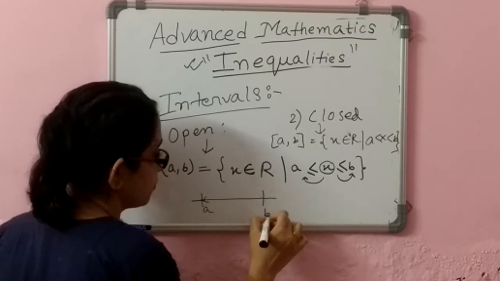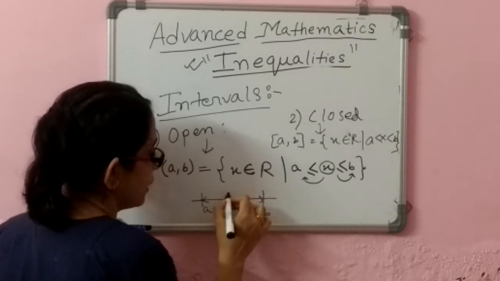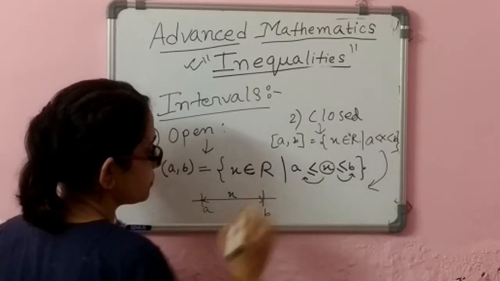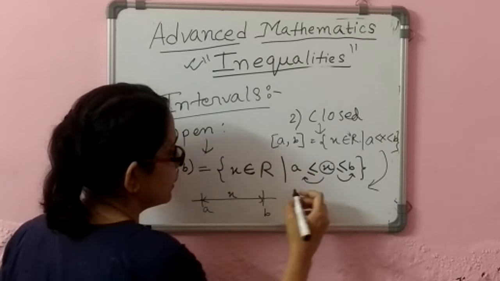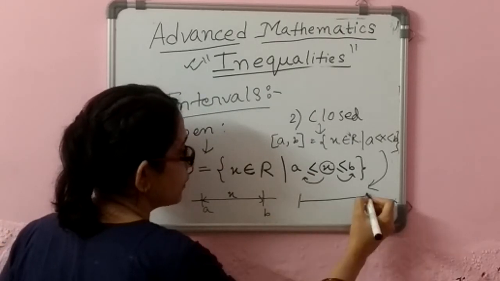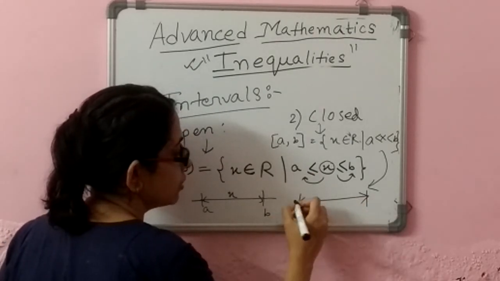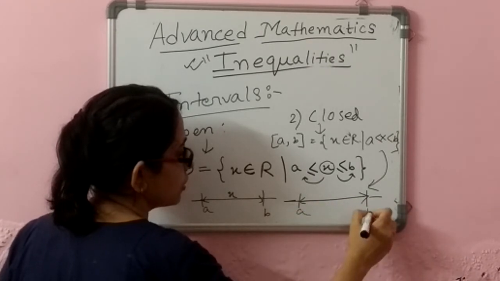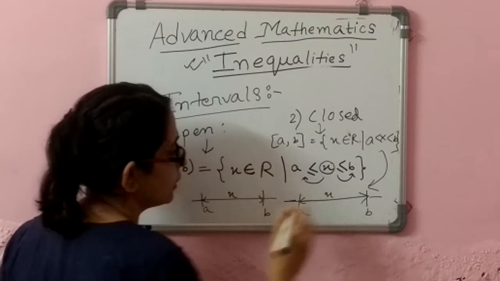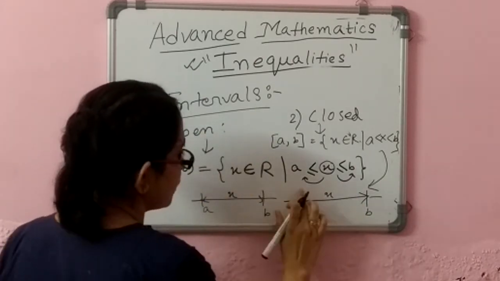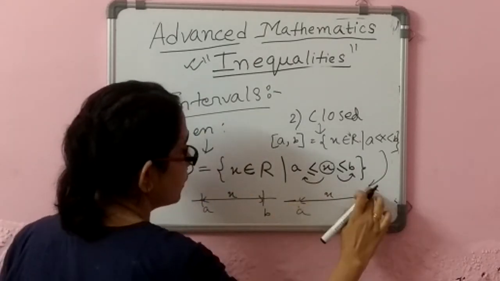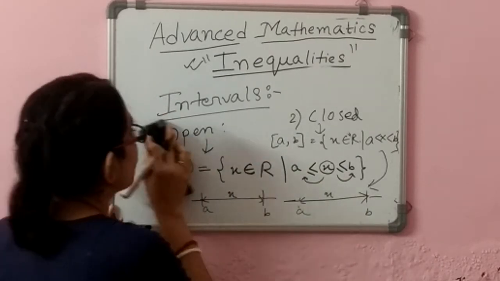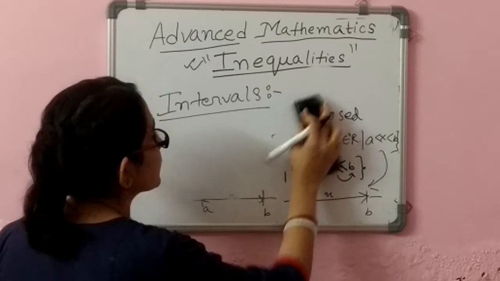It's A, B, x will lie here, and in the closed interval, x will lie here. It will be not equal to A and B. So this is the difference between open interval and closed interval.